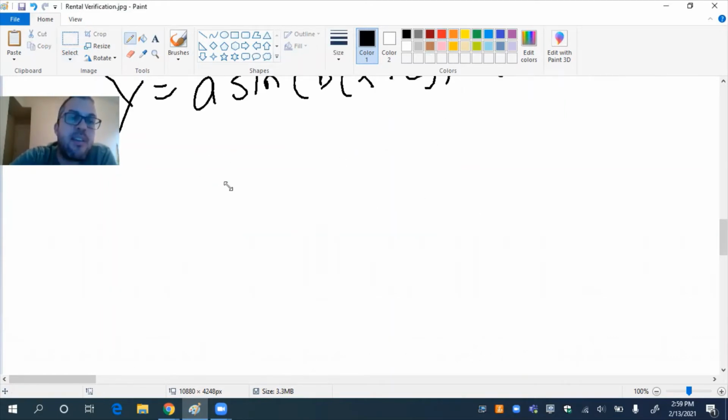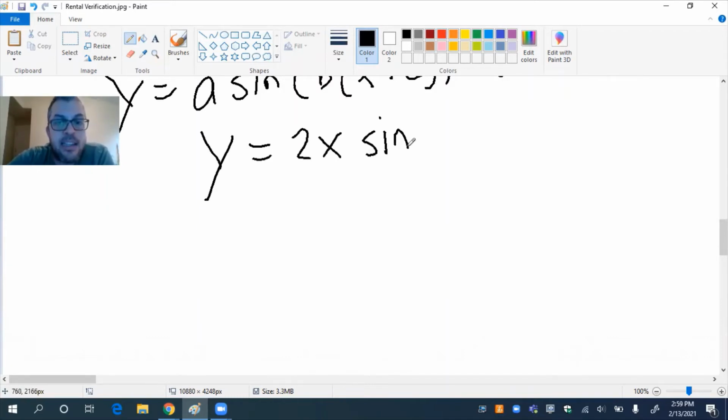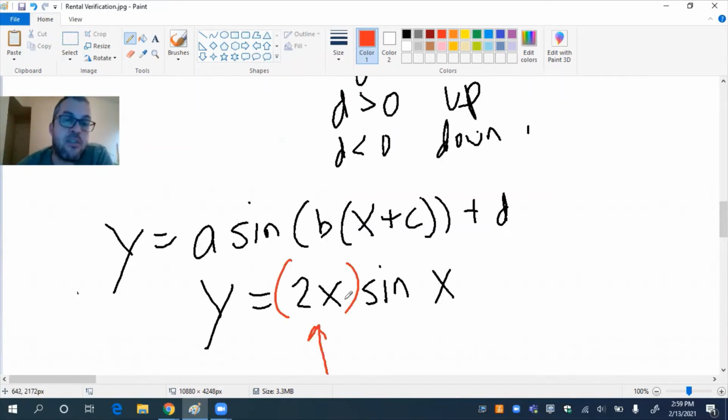If I have y equals 2x times sine of x, I see that I'm multiplying by what looks like a linear function, right? That linear function has replaced my a value, which is my vertical stretch.